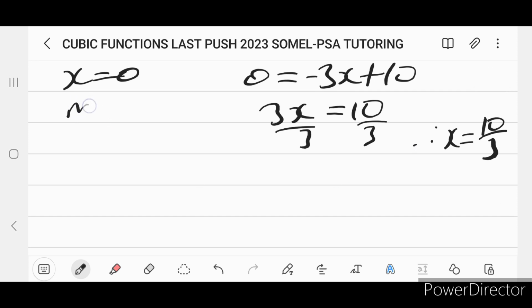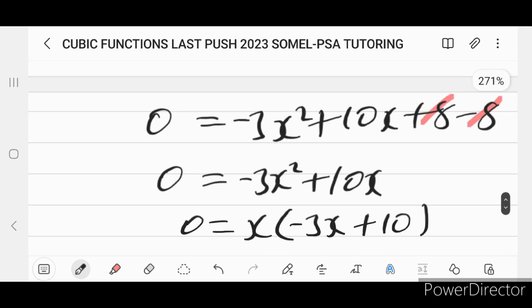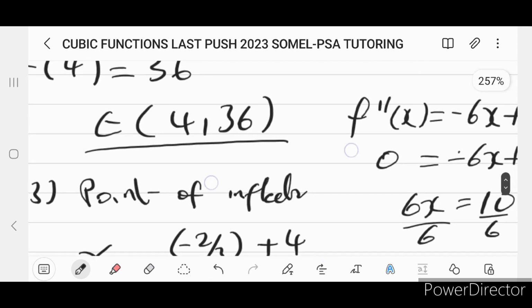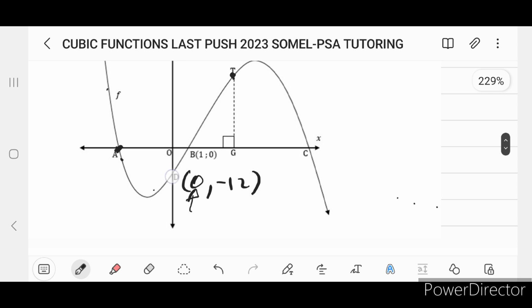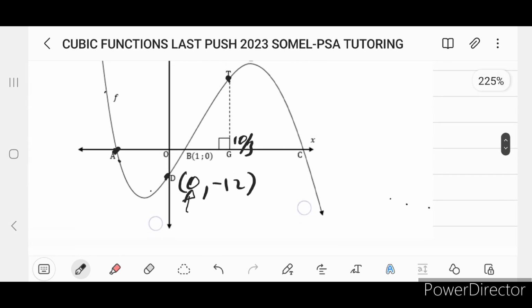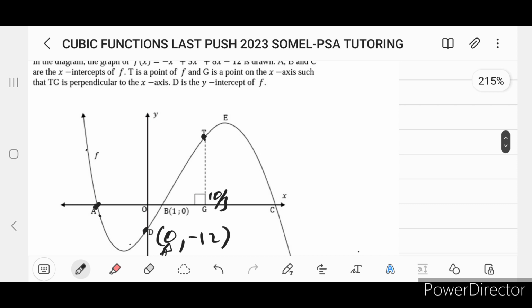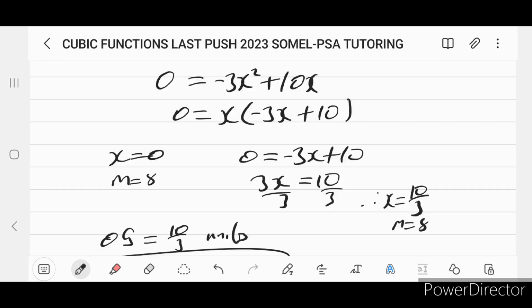It is here, m equals 8 and m equals 8. So at this point, x is 0, it is this point. That will mean here, the x value of this is 10 over 3.